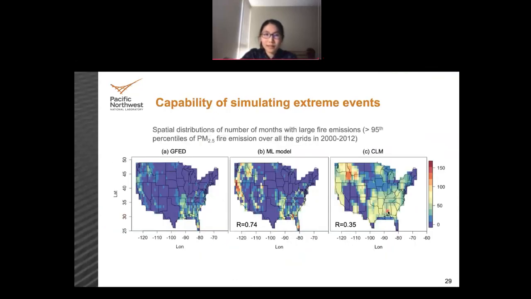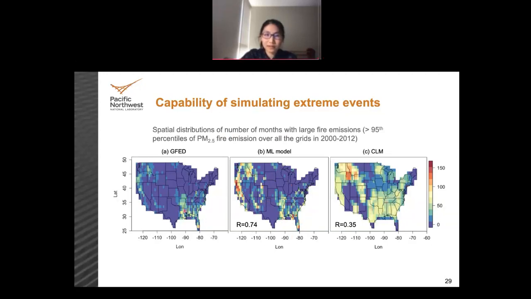So lastly, we also care whether the models can capture the extreme events. Here shows the spatial distribution of the number of months with large fire emissions, for the machine learning model and for the CLN model.